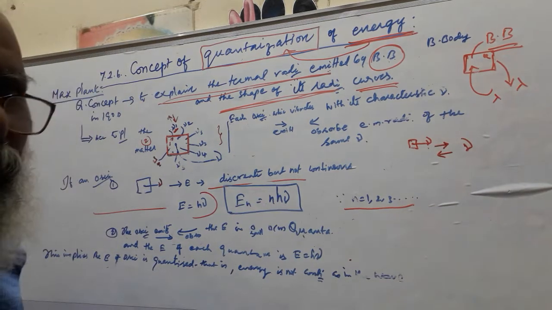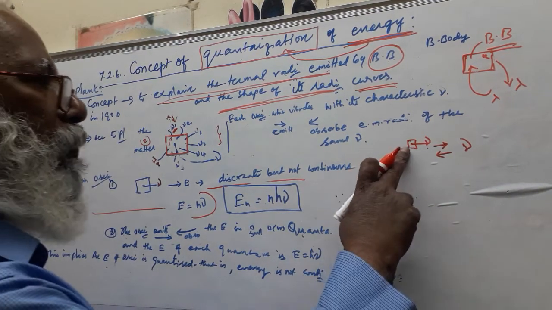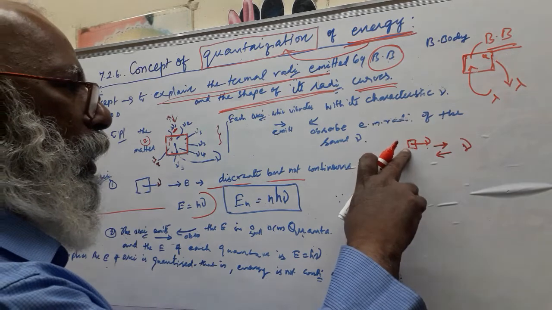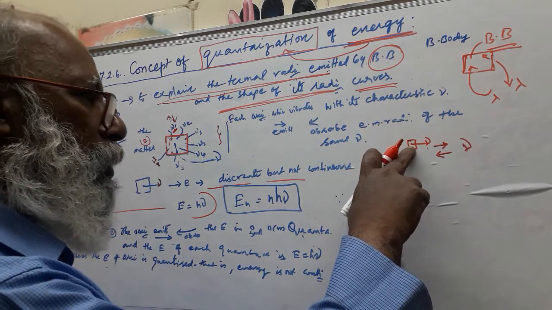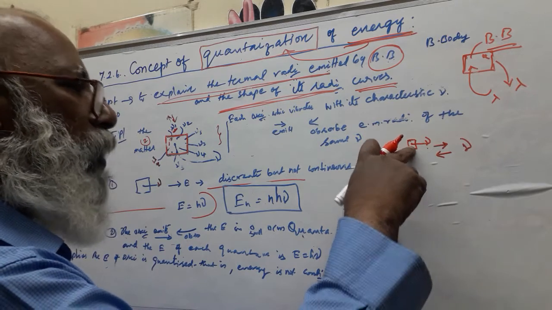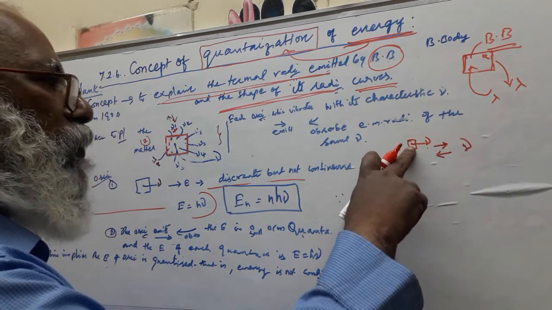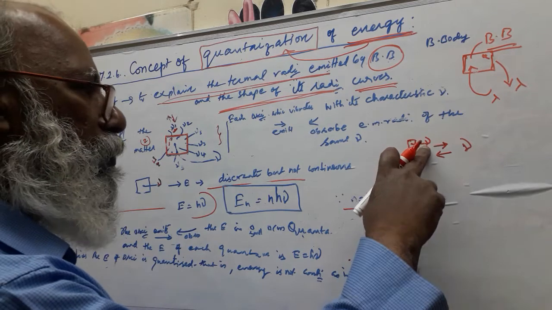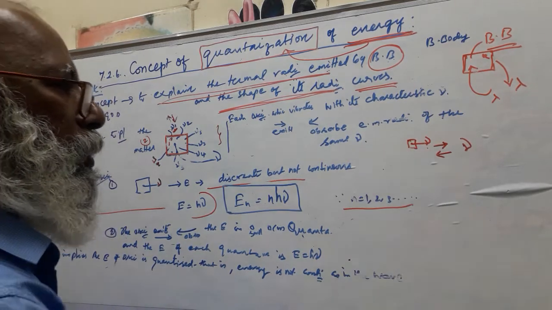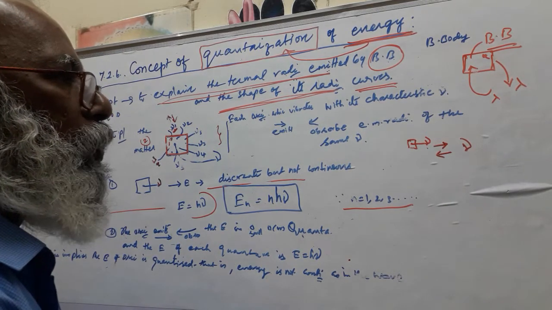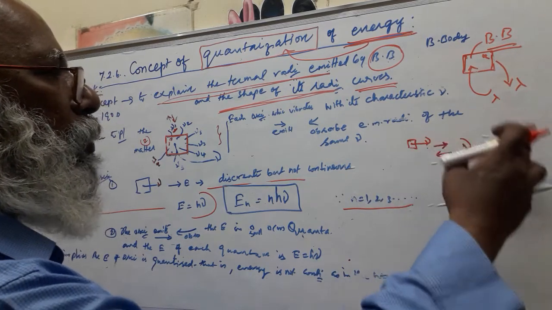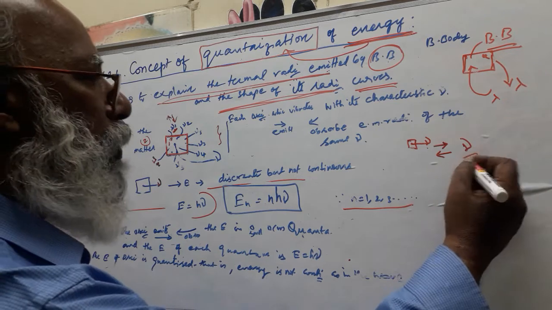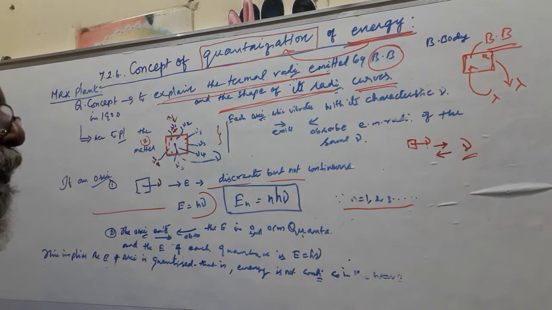The body or matter is considered to be made of tiny oscillators which vibrate with their characteristic frequency and are capable of absorbing or emitting electromagnetic radiation of the same frequency. That is the second important concept.